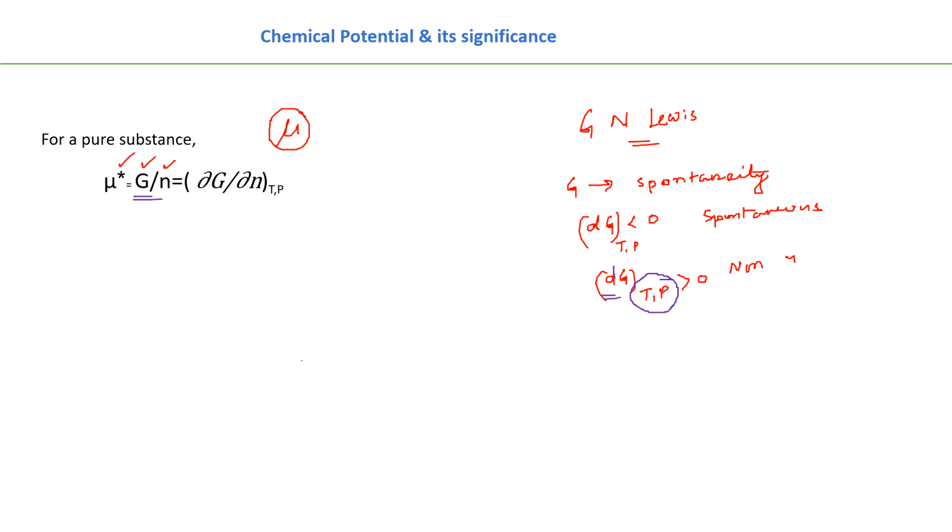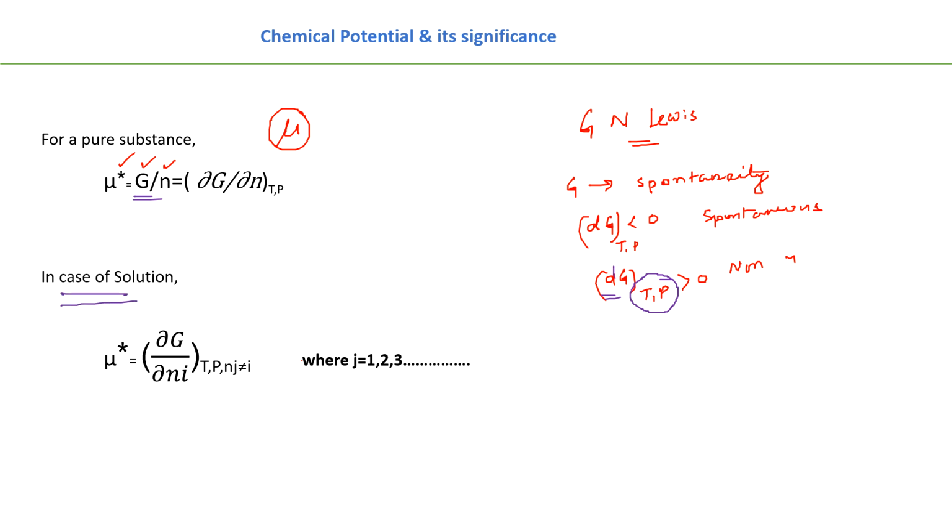Now I am coming to the concept of partial molar Gibbs free energy. Okay. Suppose in case of solution, more than one component is there. The first equation is for one component. In case of solution, plenty of components are there.